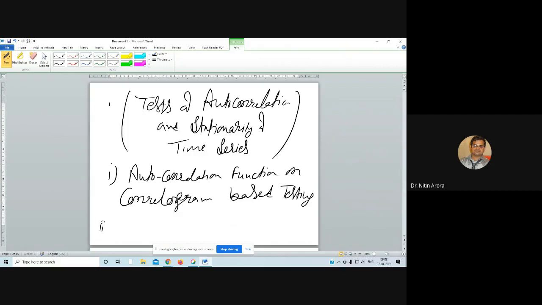And number two is the unit root testing, unit root based testing, right? So two types of tests are suggested to see whether a time series is stationary or not.